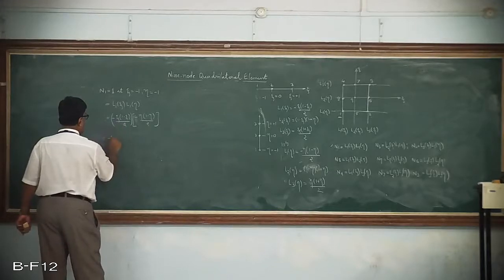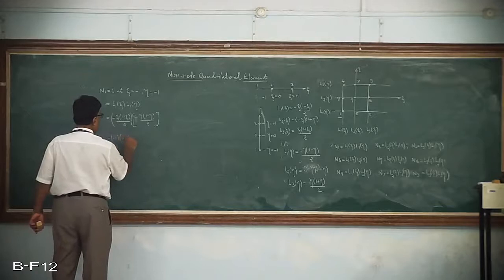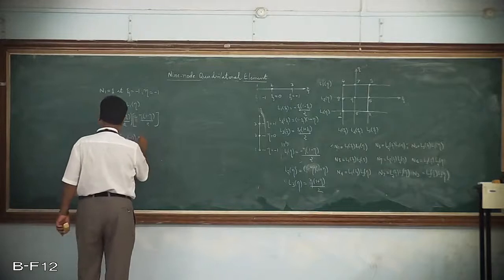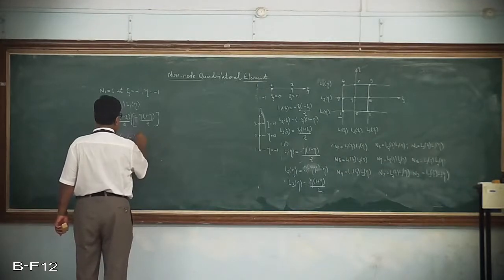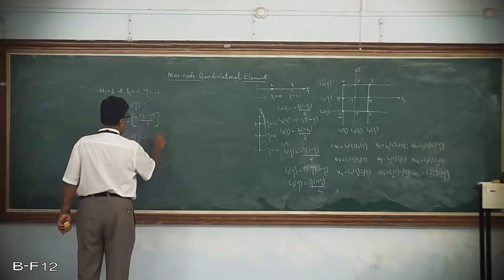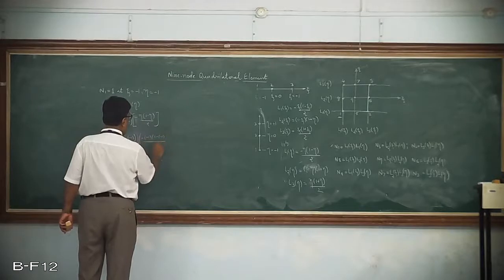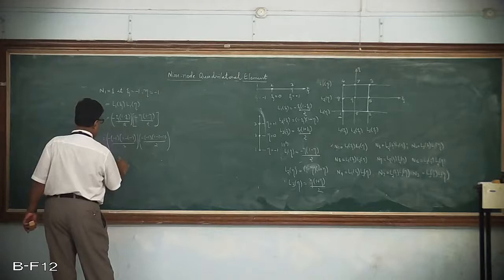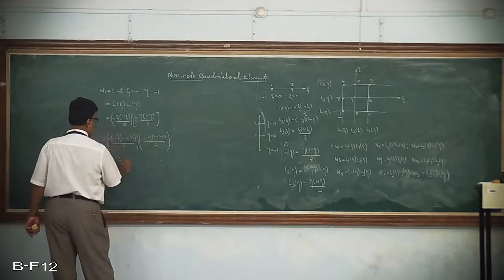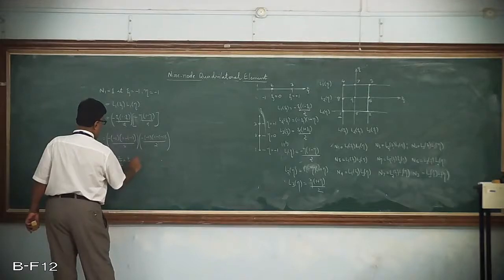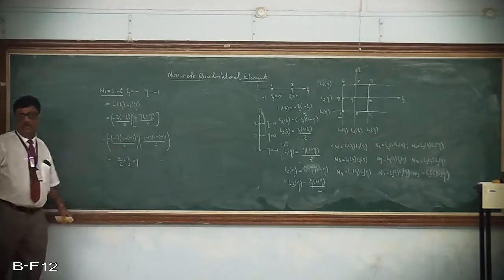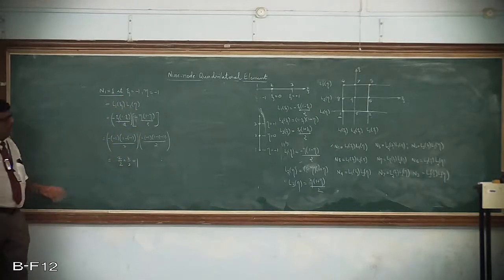Minus of -1, (1 minus -1) upon 2, and minus of -1, (1 minus of minus 1) upon 2. So this will be nothing but 2 by 2, which is equal to 1. Therefore, we know this condition will satisfy for the given values.